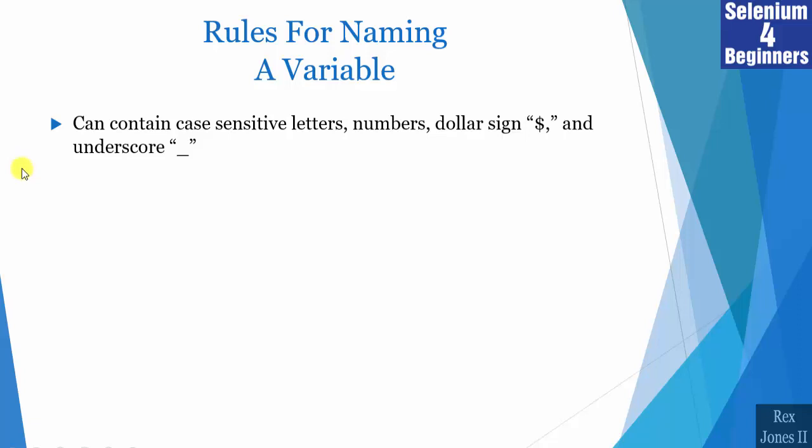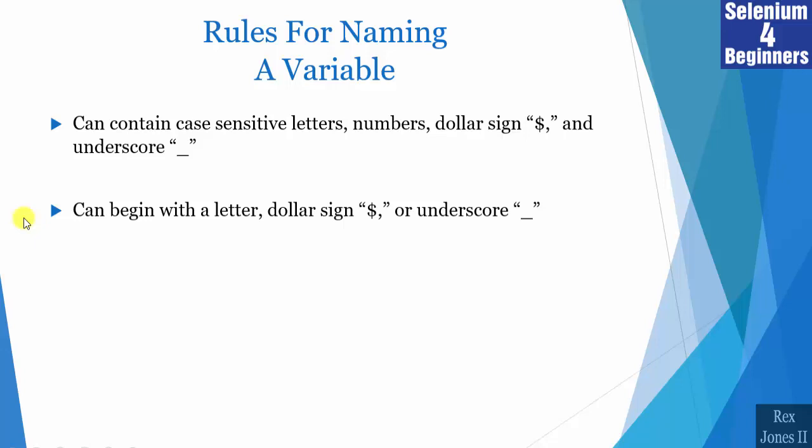We make sure to enter an uppercase letter when it should be uppercase and a lowercase letter when it should be lowercase. The next rule, it can begin with a letter, $, or underscore. Most of the time, a variable begins with a letter. These two rules are what we can do with the Java variable.